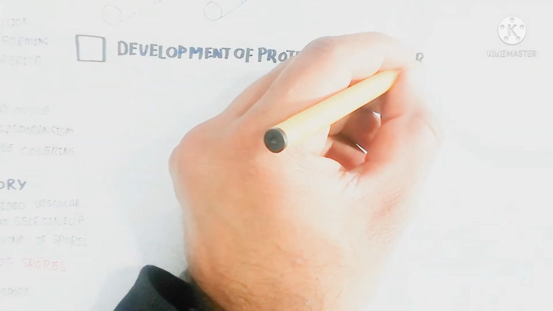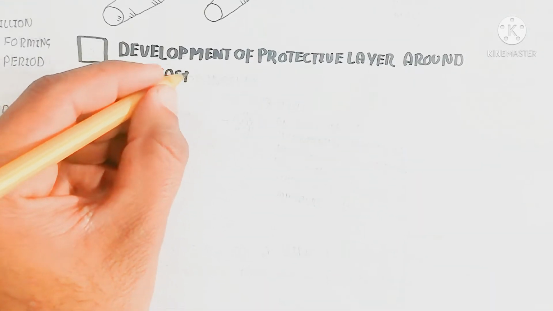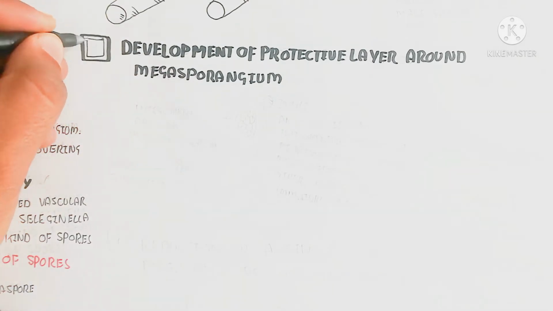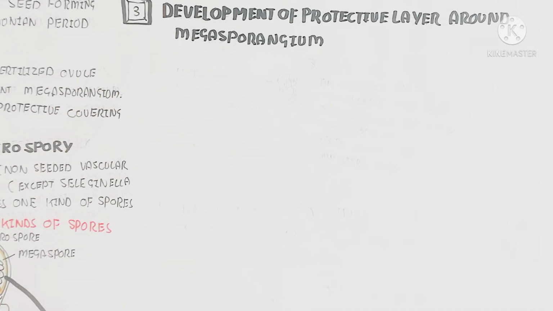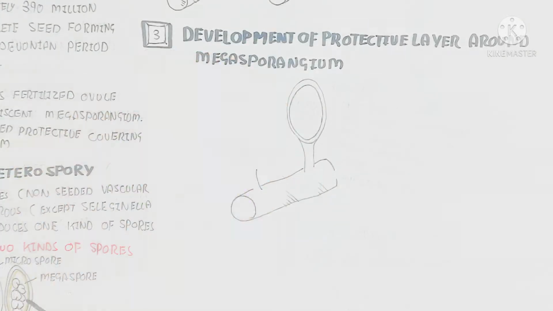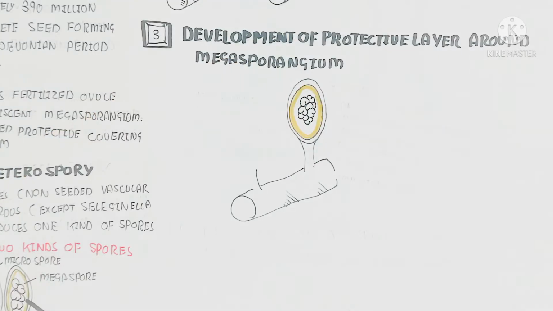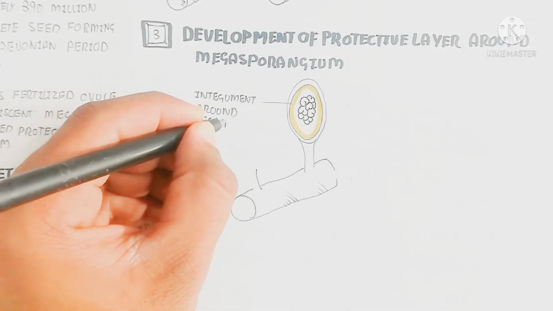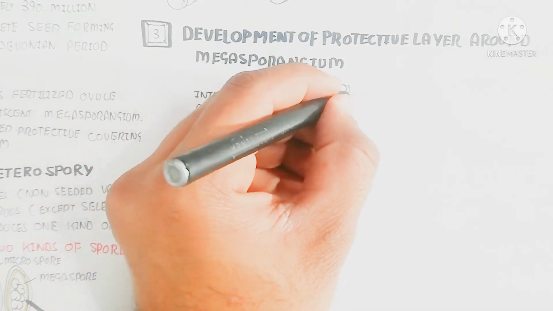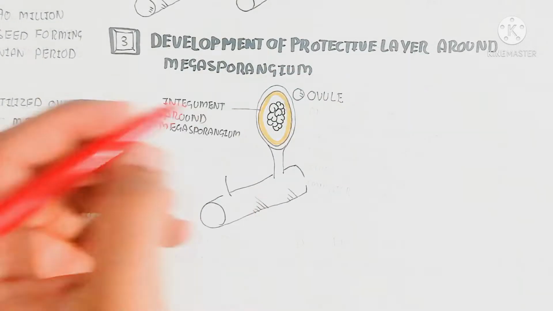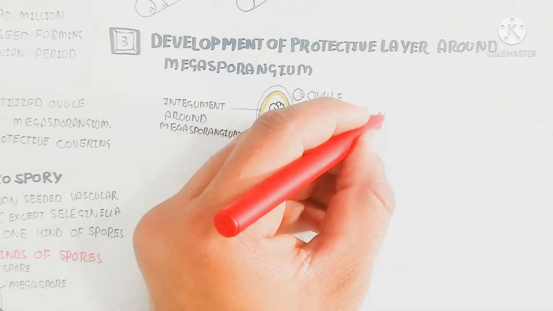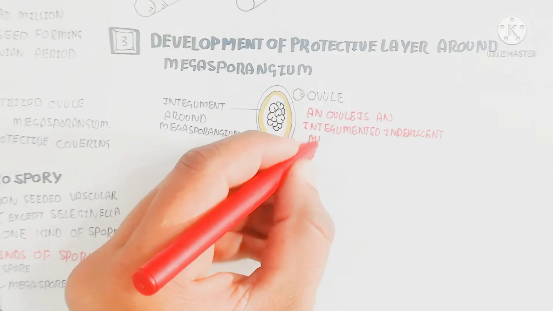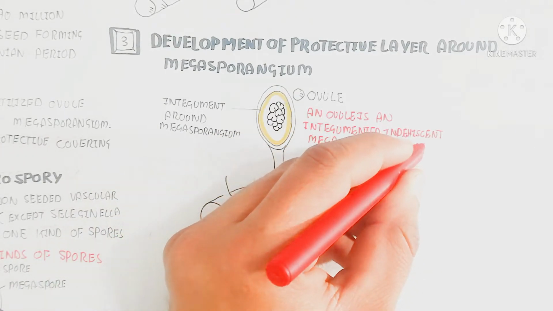The protective layer around the megasporangium is known as the integument. On the other hand, there is ovule formation. What is an ovule? This is the basic structure showing the integument around the megasporangium and the megaspore inside. An ovule is an integumented indehiscent megasporangium containing a megaspore. In other words, the ovule is an immature seed.